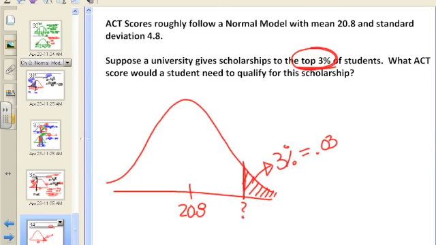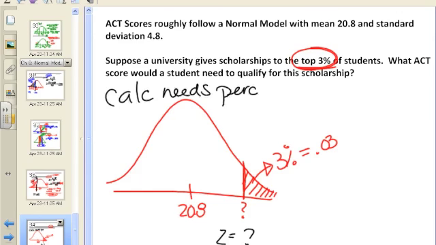So my question is, what ACT score goes right here? What ACT score is that? I have no idea. Instead, I'm going to find a z-score and then work backwards, use some algebra. My calculator can give me this z-score if I tell it the percentile. So calculator needs percentile.